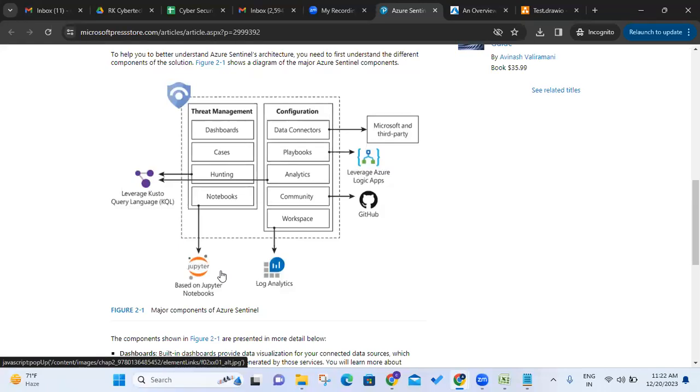Clear? So in Splunk, what is the visualization name? Visualization only, same thing. But what is it in Azure Sentinel? Notebooks. So for that, with whom did they integrate? Jupyter.